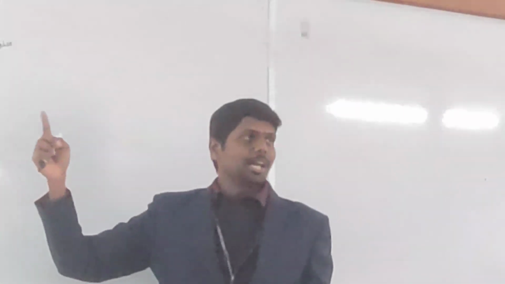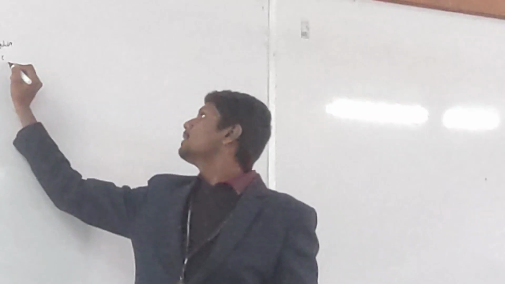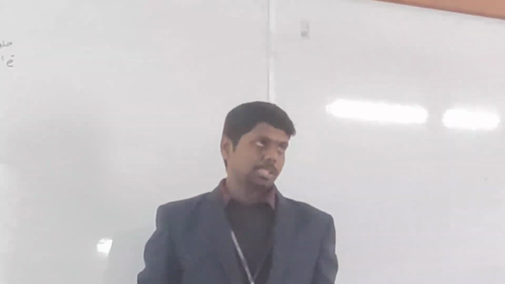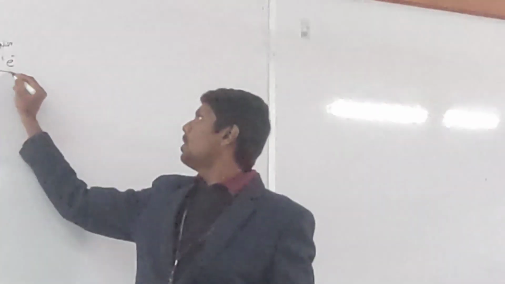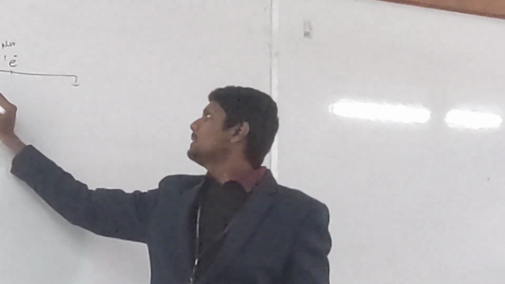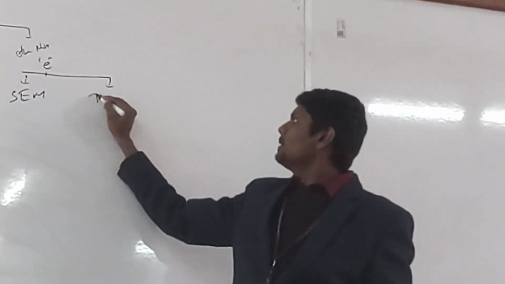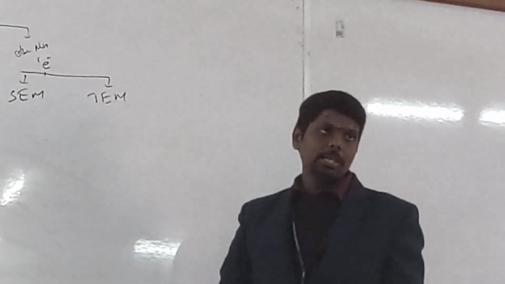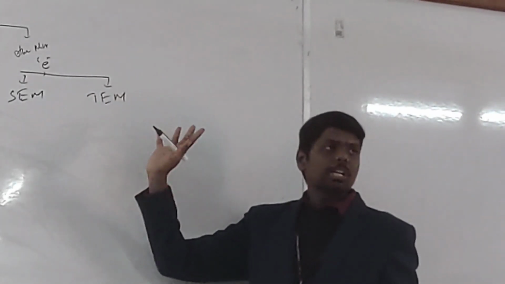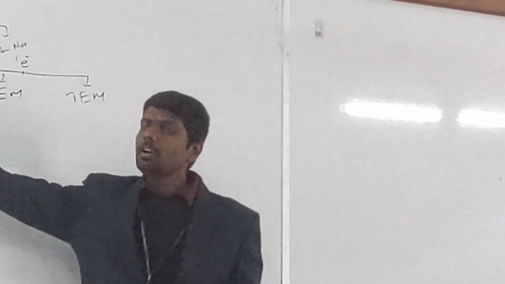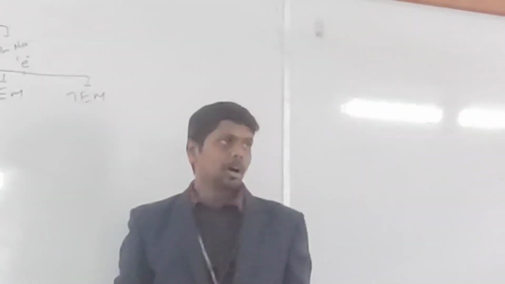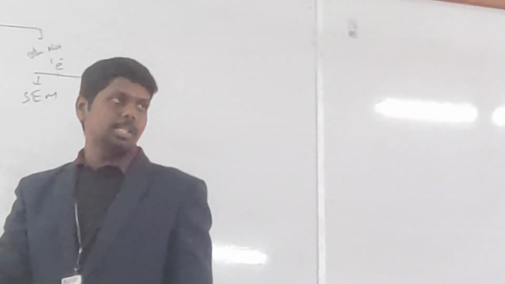If we are not using light, we might use electrons. Hence we got electron microscopies: scanning electron microscopies and transmission electron microscopies. I am not discussing electrons; rather I will focus on light microscope, where we are using light as a source.